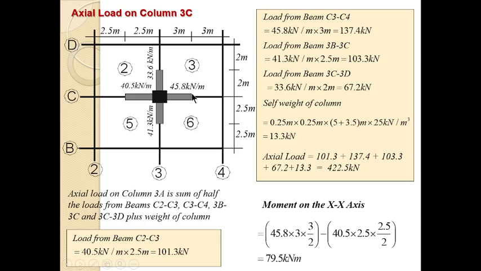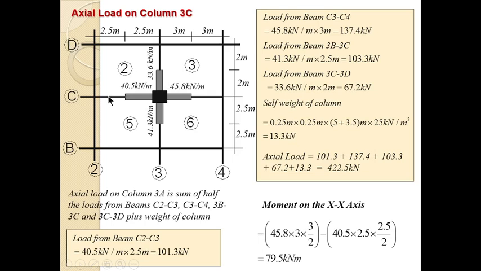When it turns to a point load, you now multiply it by the distance which the point load will have, which is half of this distance. This distance was already 3, so half of it is 1.5. So this 45.8 multiplied by 3 turns this to a force. We multiply by the distance. This is supposed to give us a moment that is going this way.